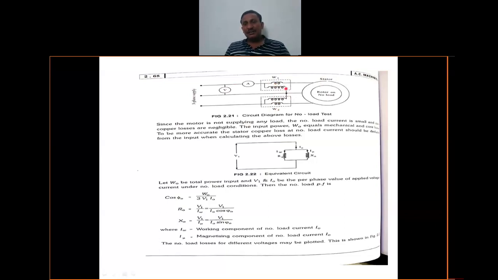These two pressure coils are joined, and this common point is connected to one phase. This is the three phase supply RYB, and one ammeter and one voltmeter are also connected.